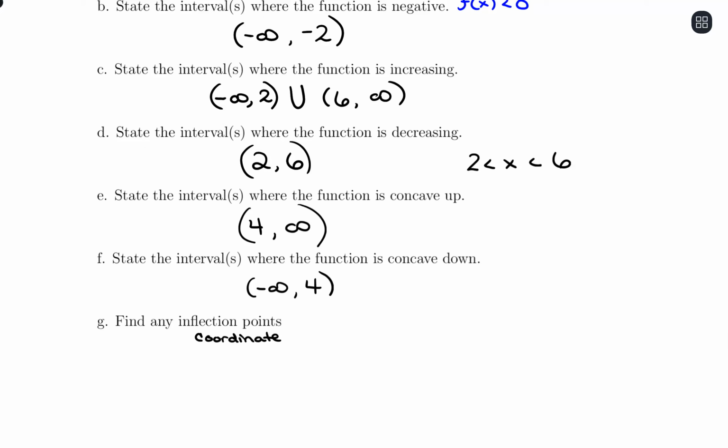So finding an inflection point or finding local minimums and maximums or absolute minimums and maximums, you're answering with an xy coordinate on the grid. Whereas all of these with positive, negative, increasing, decreasing, concave up, concave down, all of these are being answered in interval notation describing values of x.